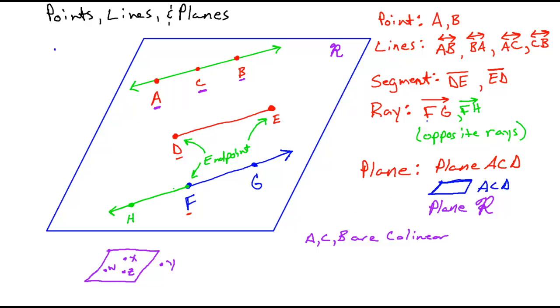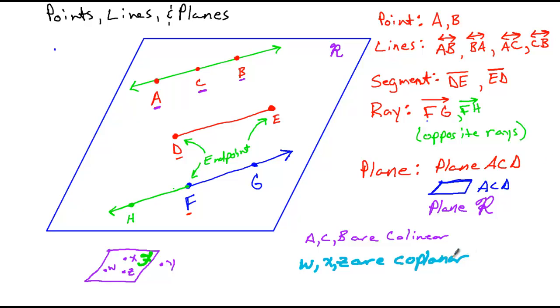And I'm going to call this plane, what's a good cursive letter that I can draw? I don't think I can draw it. Plane F. Okay, so here's an F in the plane. Now, you might have a problem that says, name any points that are coplanar. Look at our points, and we have W, X, and Z are coplanar.